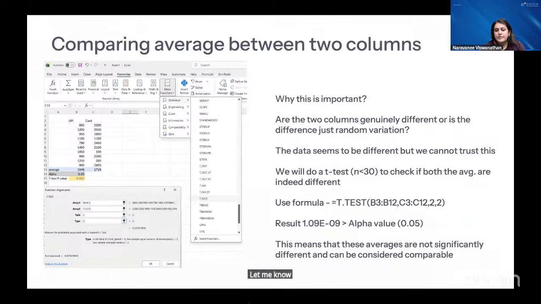Let me know once you have downloaded. Okay, so I'll share that file here also. So I've shared this data here also. Others, you can see I've shared it here, correct? So please download.